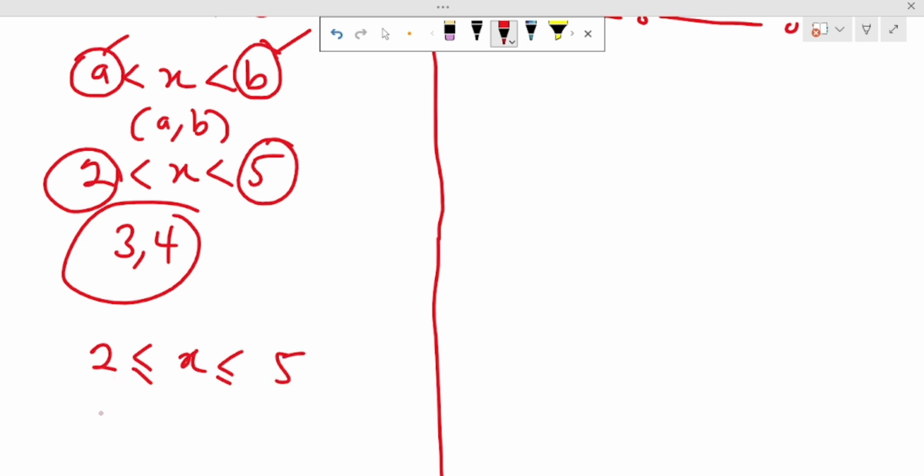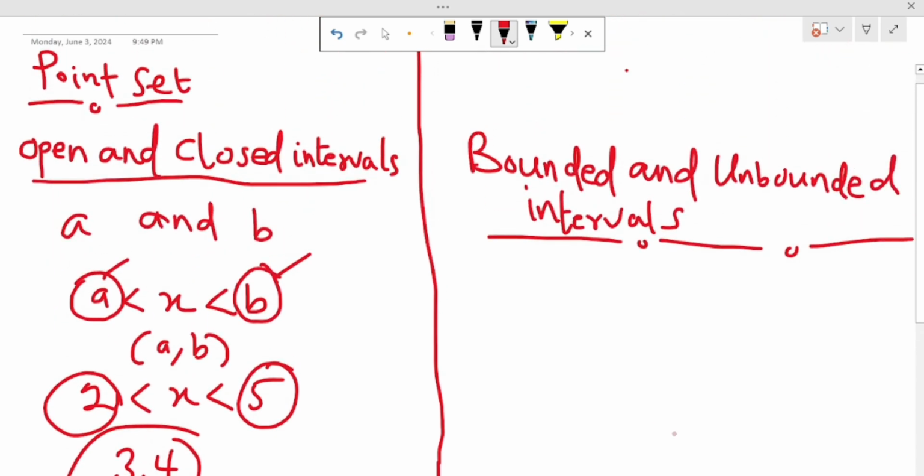And so when we are writing it, we write it as 2, 3, 4, 5. So for closed intervals, we include the lower and upper bounds, but for open, we do not include the lower and upper bounds.